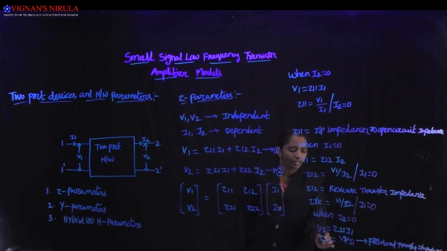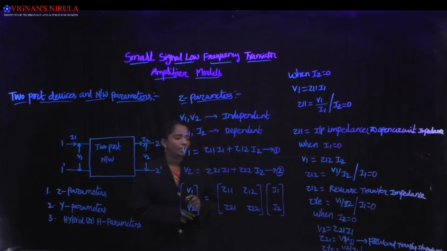It is also written as ZF, forward means F. In common emitter configuration, ZFE equal to V2 divided by I1 at I2 equal to 0.